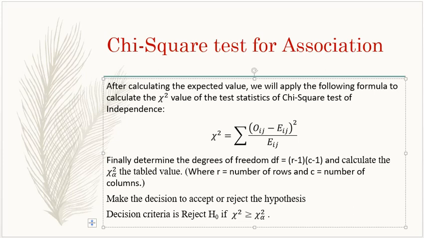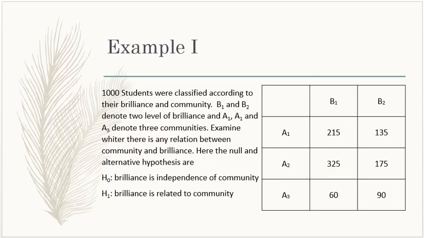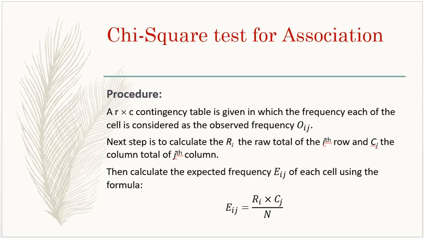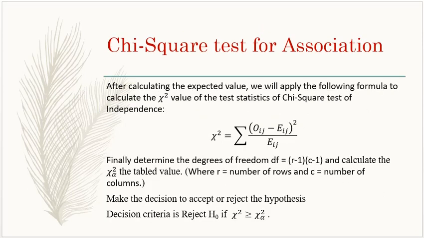In this case R is 3 and C is 2. So degrees of freedom is (3 minus 1) into (2 minus 1), which is equal to 2.